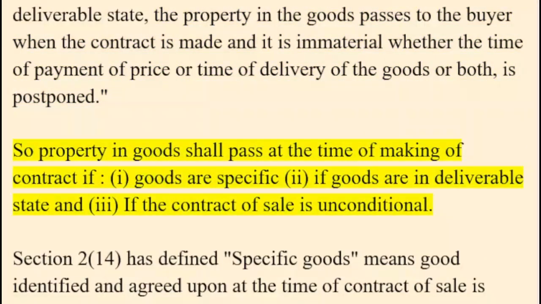So property in goods shall pass at the time of making of contract if 1. goods are specific, 2. if goods are in deliverable state, and 3. if the contract of sale is unconditional.